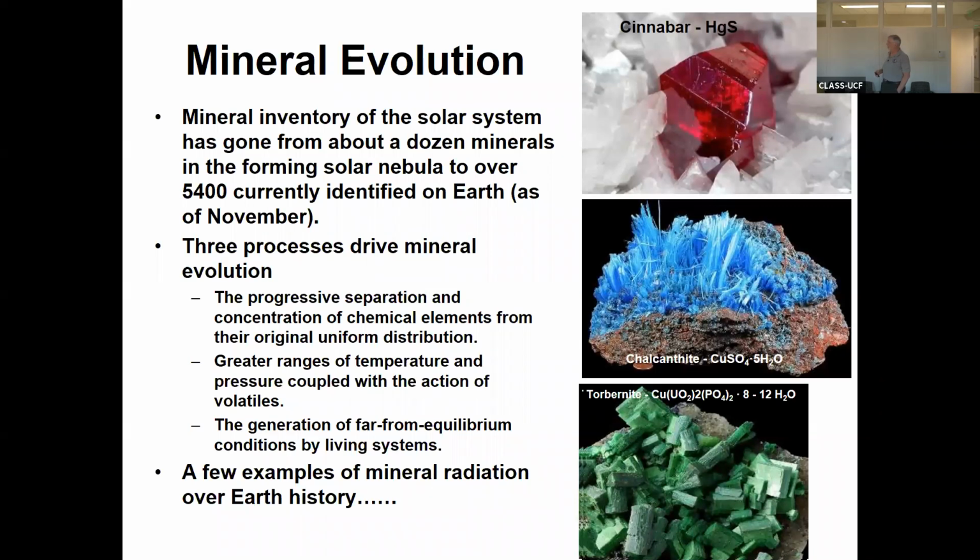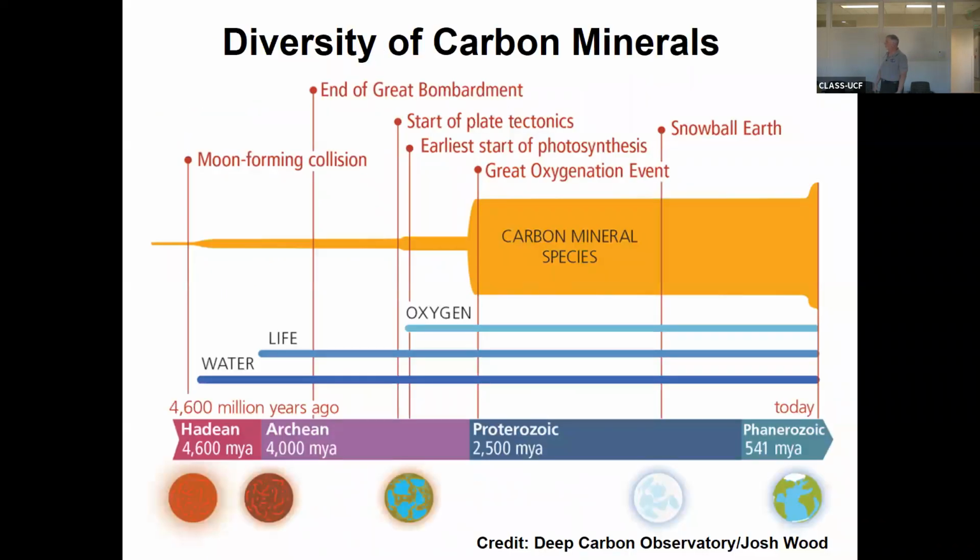If you look at Earth history, minerals have radiated and diversified hugely. For instance, the diversity of carbon minerals, which we take for granted, basically is a relic of Proterozoic times. There was not much diversity in carbon before 2.5 billion years ago.